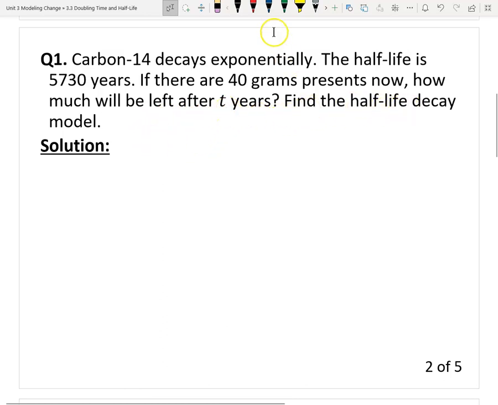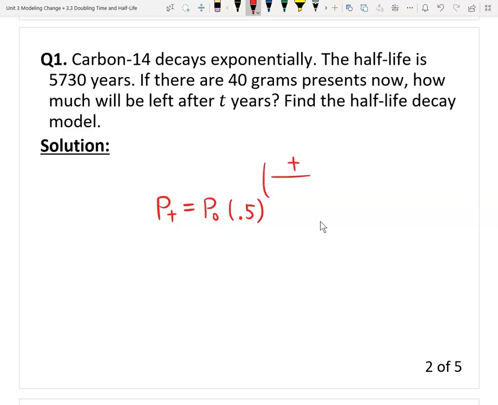Of course, what we need is the half-life decay model formula, right? Let me copy the formula. So I put here P of T, the remaining mass at time T, or the future value, equals P0, the initial, times 0.5 raised to the power of T over T 1/2.